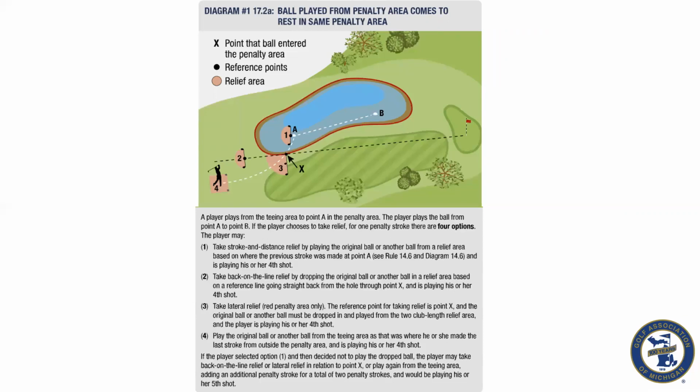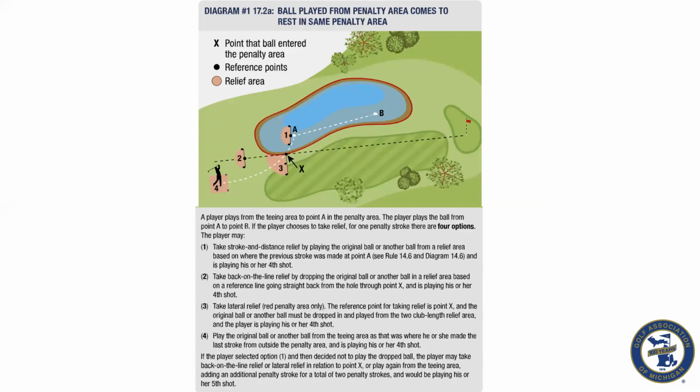So it's not a 2-stroke penalty. The only time it's going to be a 2-stroke penalty is if the player drops, they hit to B, and then they think that they're going to be able to hit at A again. They drop there, and then at that point they determine that they can't play it, or when they drop, it goes into deeper water, or marsh or whatever. And then at that point, it's going to cost them 1 to get out.